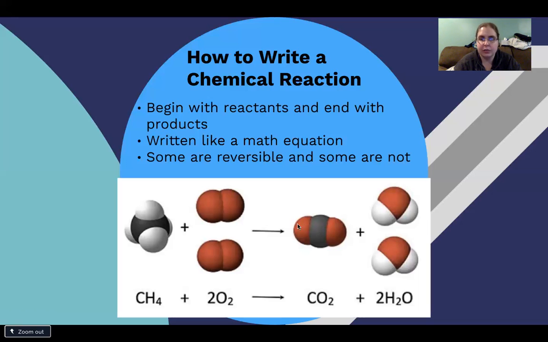So carbon and 2 oxygens is CO2, carbon dioxide. And oxygen with 2 hydrogens, that's water. We made one molecule of water and another molecule of water, so we have two water molecules, 2 H2O.